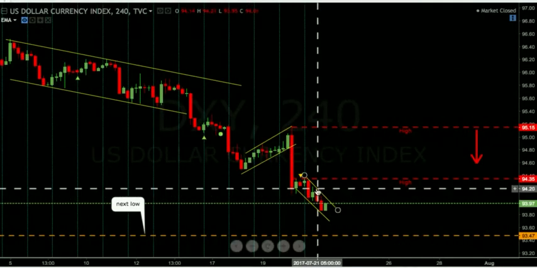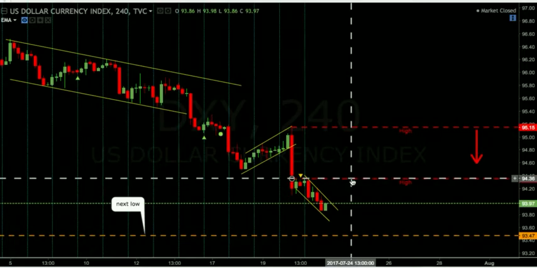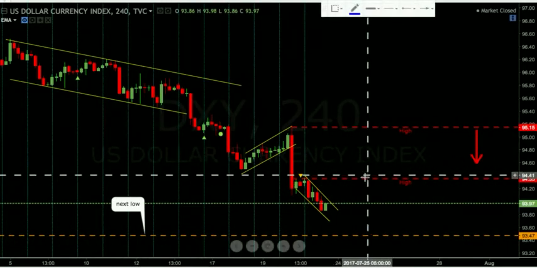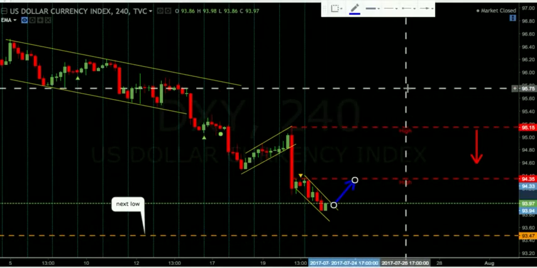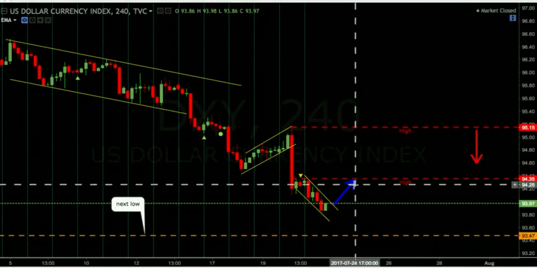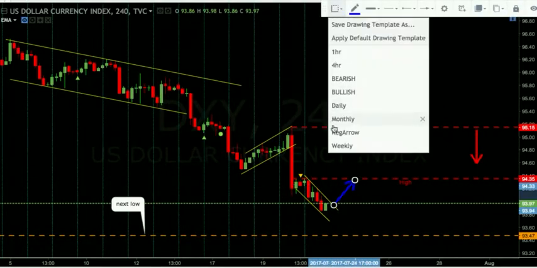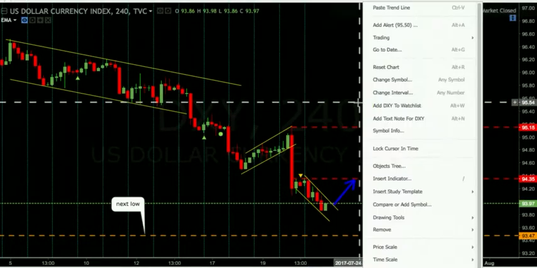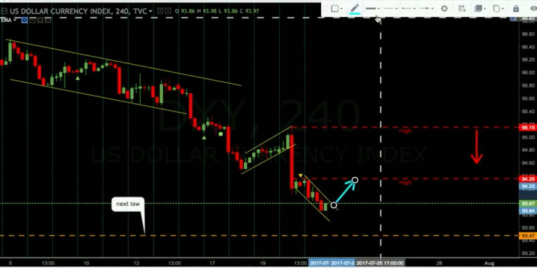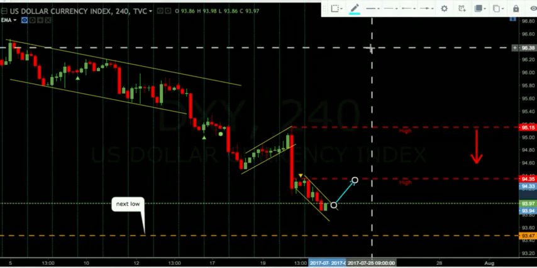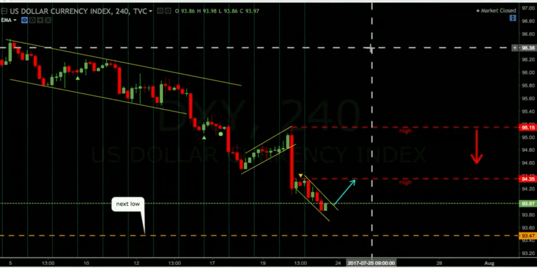So even though I can look at this descending channel and say this pattern should break bullish, that doesn't immediately give you the right or the information needed to enter a trade.